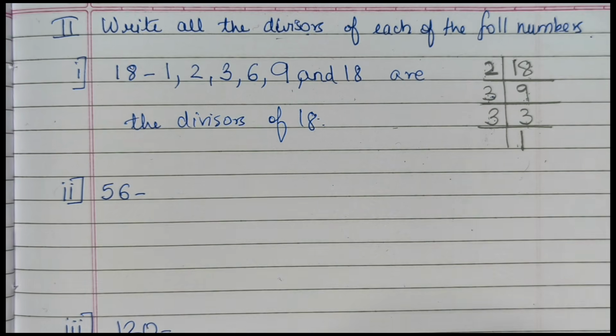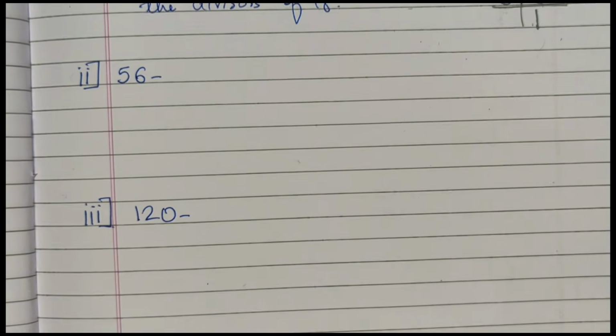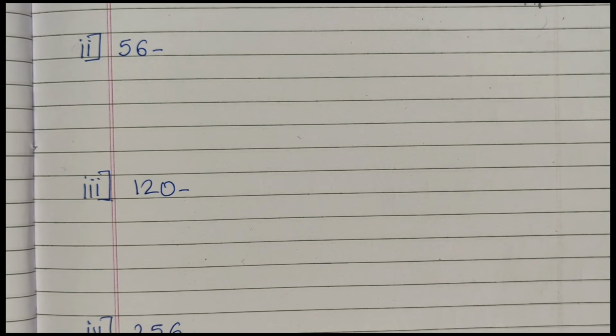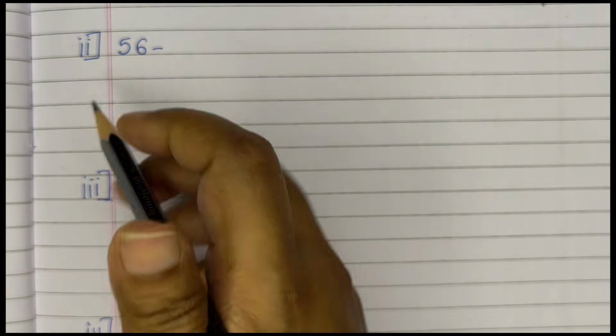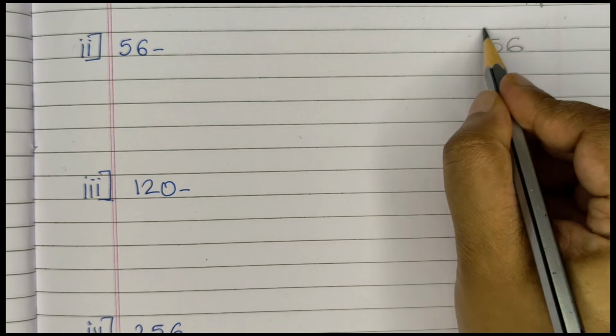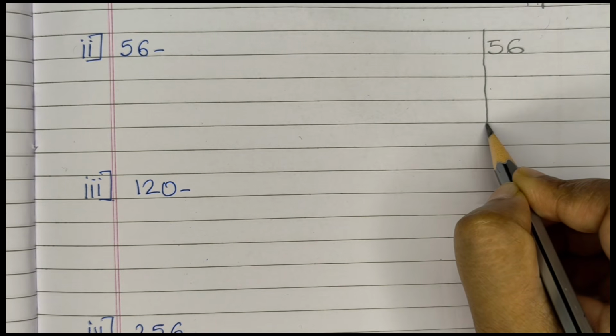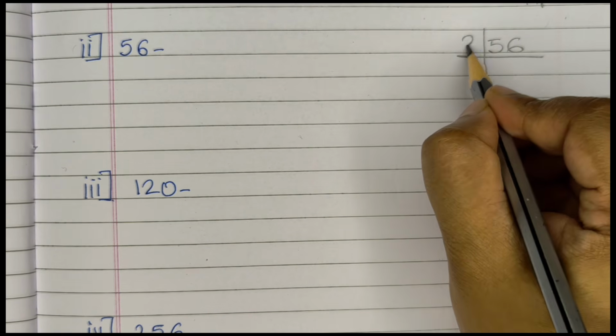Now see, the next number is 56. For 56, again we are going to factorize it, okay? First thing is we will factorize 56. Again, what is the last number? Last number is 6. 0, 2, 4, 6, 8 means we can take the 2 times table.